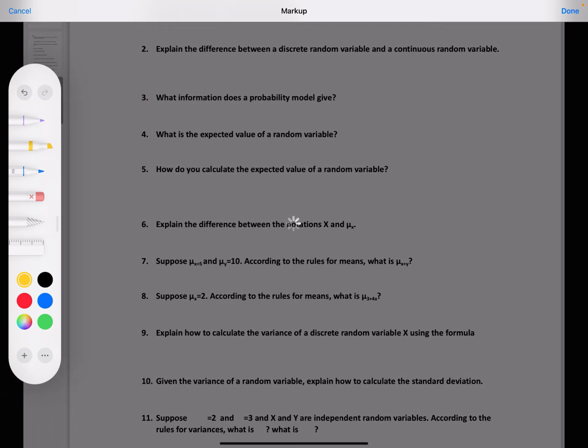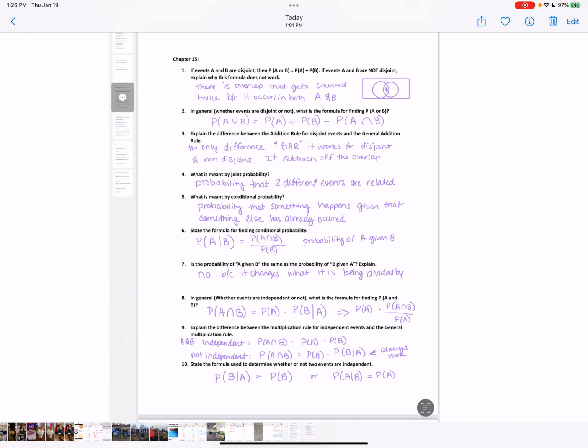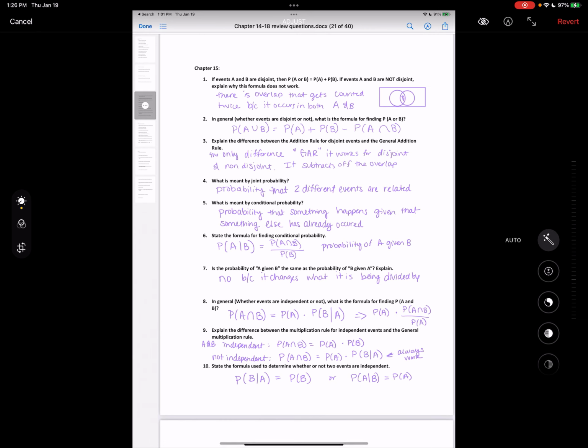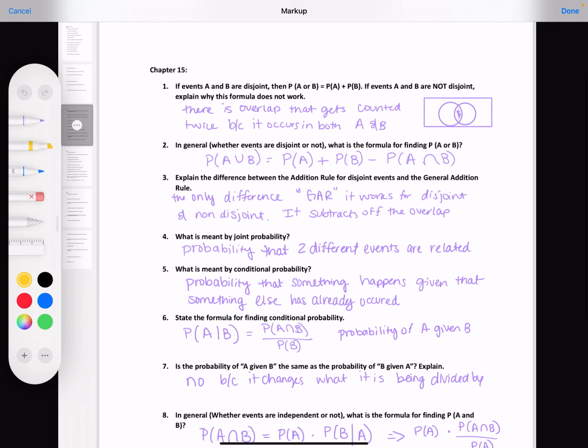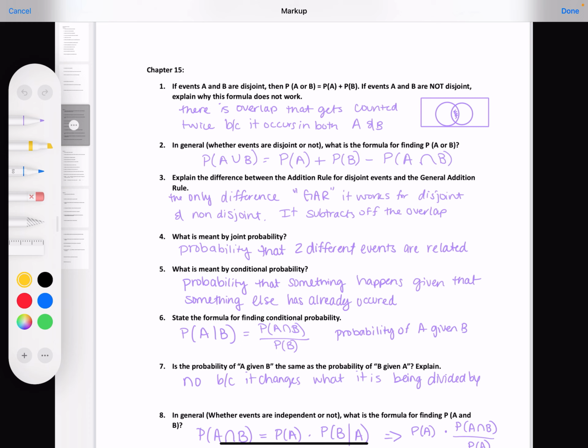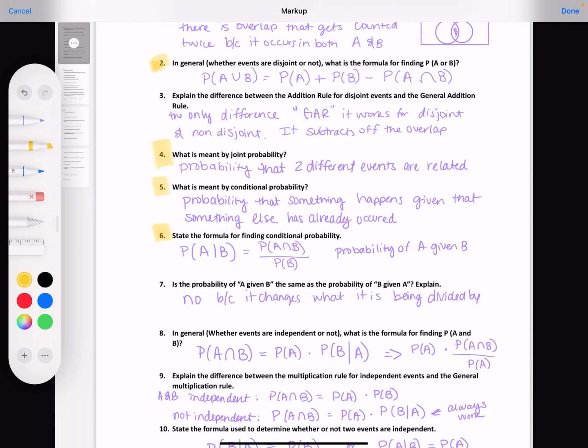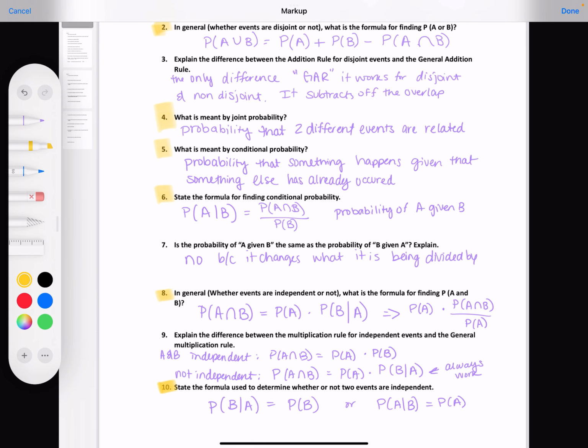And then if we go back to the other page, you need 2, 4, 5, 6, 8, and 10. Not necessarily that the other stuff isn't important, but those are the ones that could specifically be asked on the quiz. And I'll check your formulas for you for the quiz when you write them, if you want them checked.